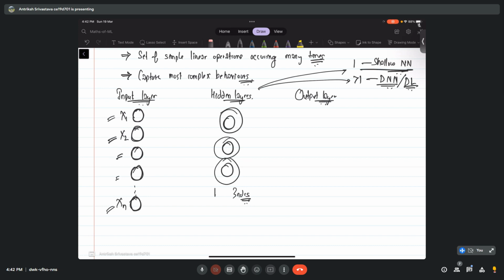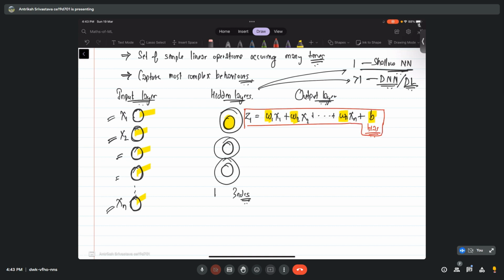So all these input values are going to affect each node of this hidden layer. How will that happen? Let's say this node has a value z1. It will be governed by these nodes as z1 = w1 x1 + w2 x2 + ... + wn xn + b. These are the weights assigned to each node for this particular node in the hidden layer, and b is the bias, also one of the parameters that we need to train.